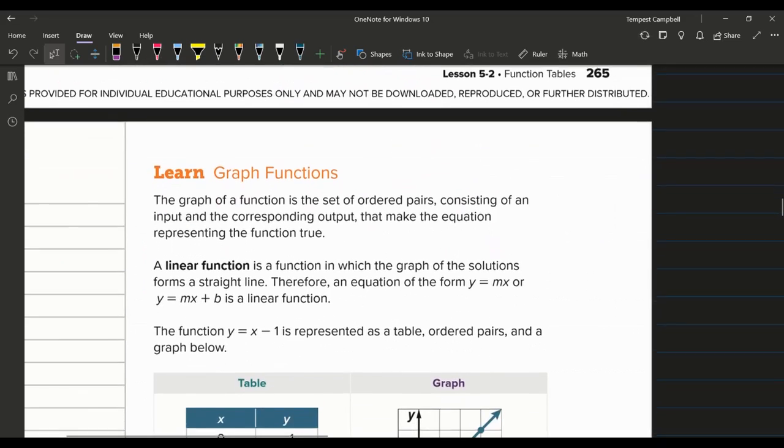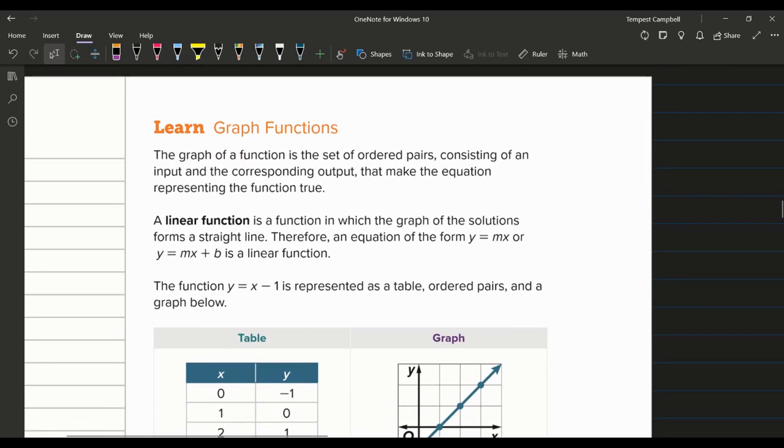Moving on. Next, let's talk about graphing. The graph of the function is the set of ordered pairs, x, y, our coordinate points, consisting of an input with the corresponding output that make the equation representing the function true. A linear function is a function in which the graph of the solution forms a straight line.